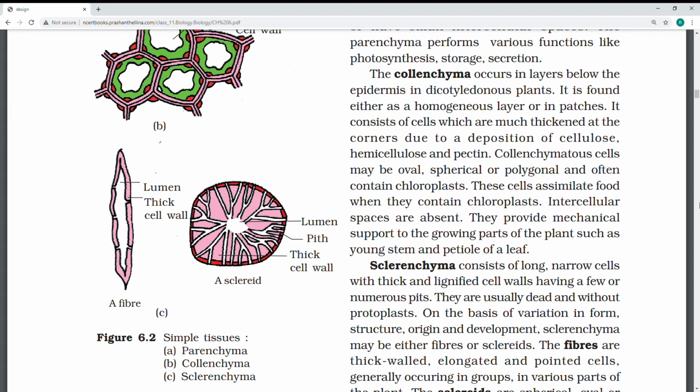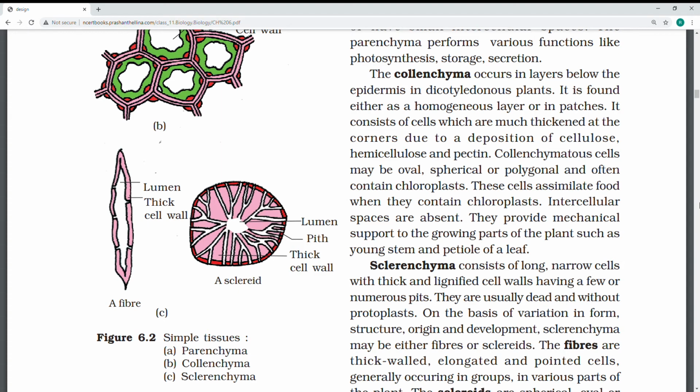Even sclerenchyma especially will be helpful in giving mechanical support. That is why these are mechanical tissues, but dead mechanical tissues. The fibers are found in the hypodermis of monocot stem and the pericycle; you will learn this in the structure of monocot stem. The sclereid is like a center jalebi kind.